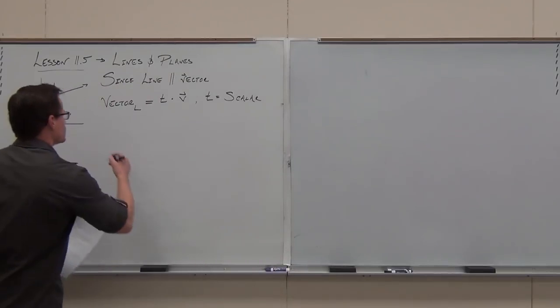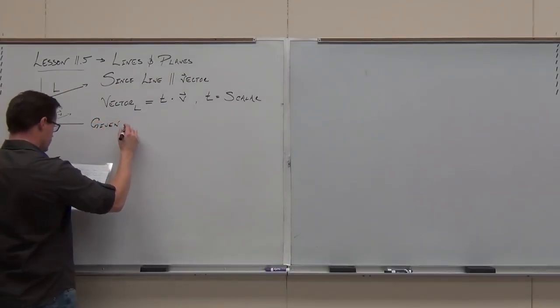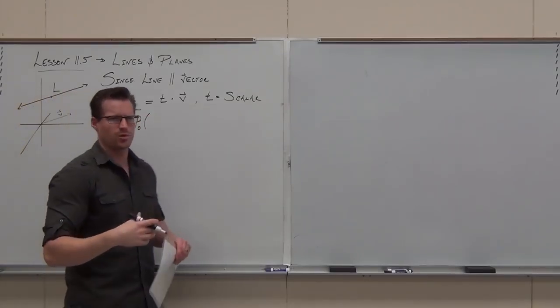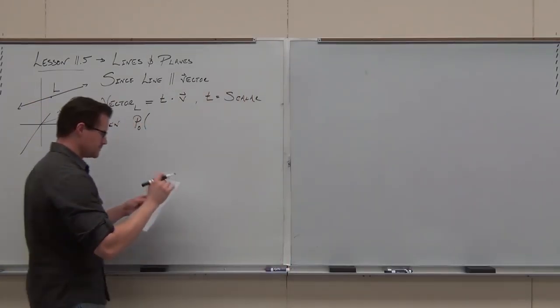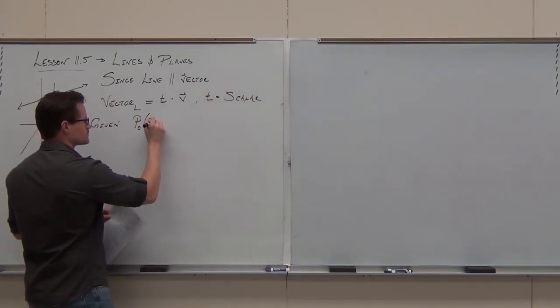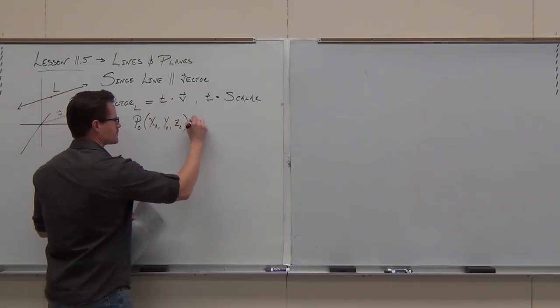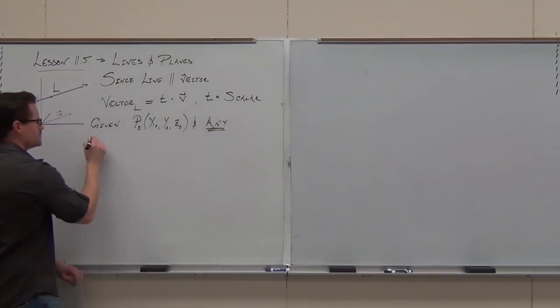So given a point, we call the actual point p sub 0, a specified point on a line, and any other point.